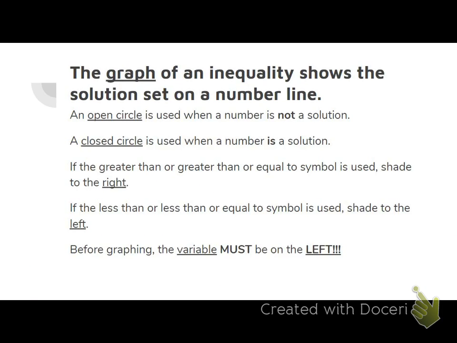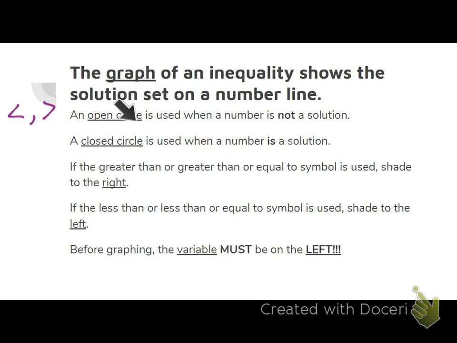All right, this slide tells us how to graph an inequality on a number line. Okay, so an open circle is used when a number is not a solution. That will also happen if you're using the symbols less than or greater than, if you'd rather just write that.